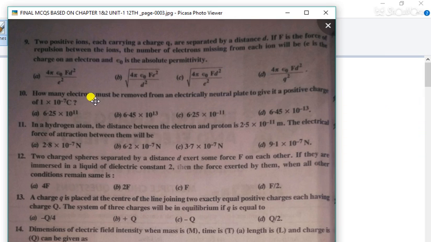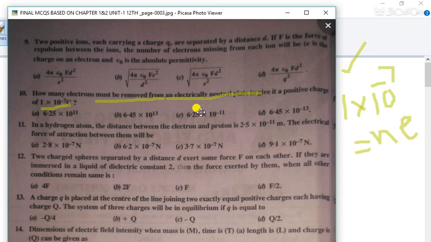How many electrons must be removed from an electrically neutral plate to give a positive charge of 1 into 10 raised to the power minus 7 coulomb? Here we use the concept of quantization of charge. 1 into 10 raised to the power minus 7 is equal to Q, which is equal to n into e. By putting the value of e, we can find the value of n.